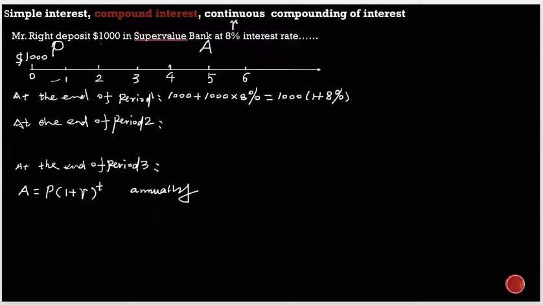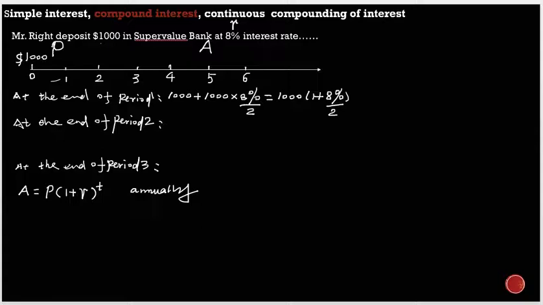The half of the year's interest rate is 8% divided by 2. It is the conventional method of calculation. I'm not going to compute the number. Let's just leave it as this expression.